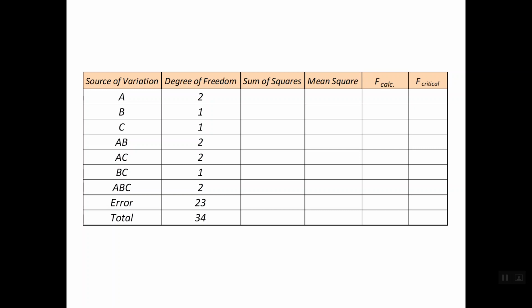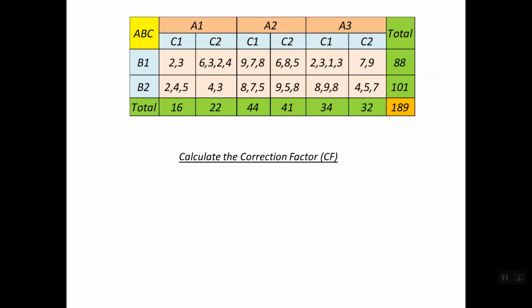Now the next step is to calculate the value of the sum of squares for all of these sources. But before starting the calculation for the SS, we need to calculate the correction factor. We need this correction factor in order to calculate all of the SS.